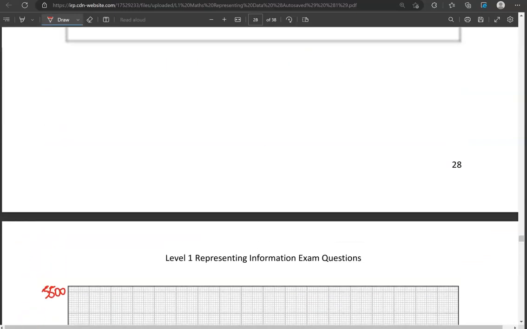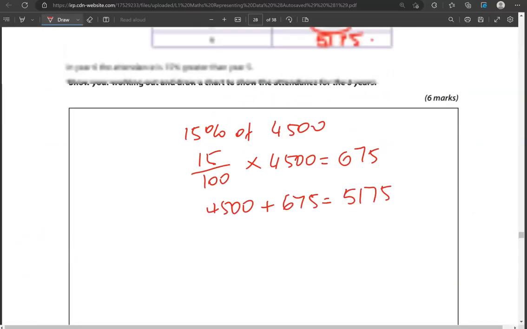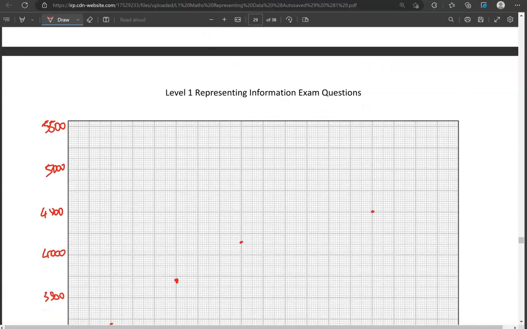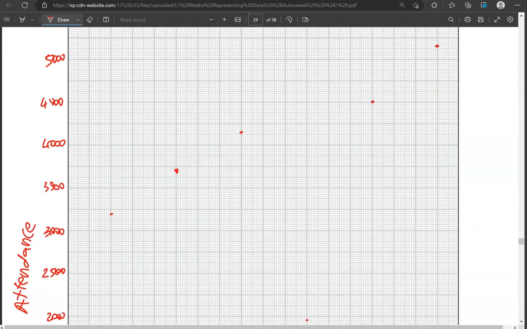And finally, for year 6, we've got 5,175. So there is 5,100, so that is 4 more squares, and 175, that is another 3. Now we'll connect all the points that we've plotted.